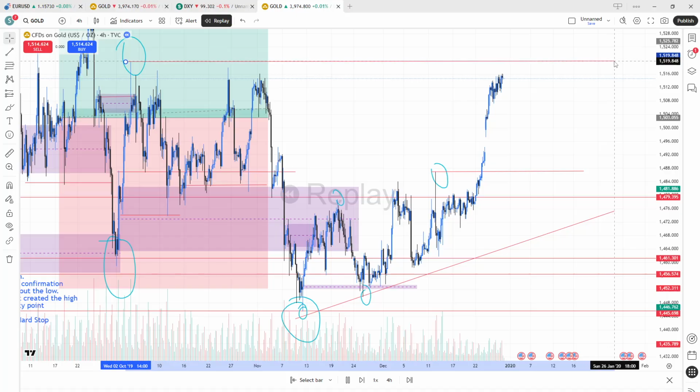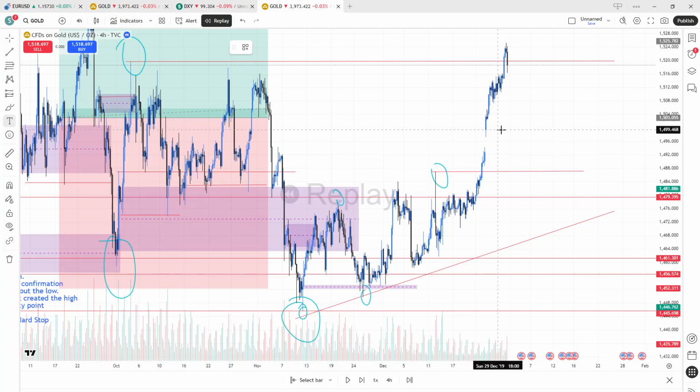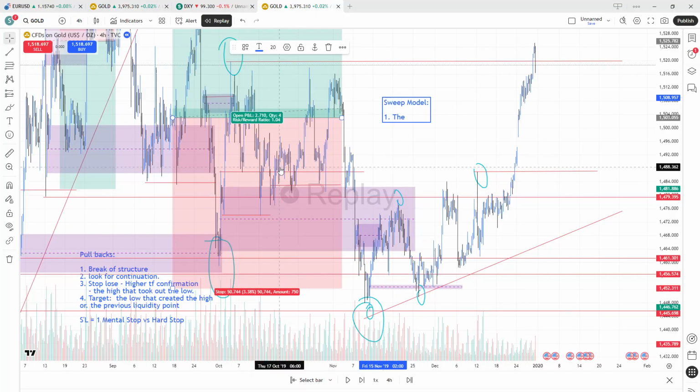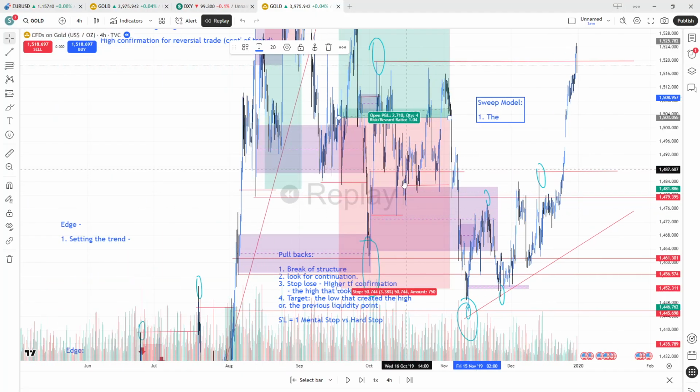Okay, if price pushes out. Yep, okay. All right. So what was the model in play here? High, low, right? So sweep model. What is the sweep model?